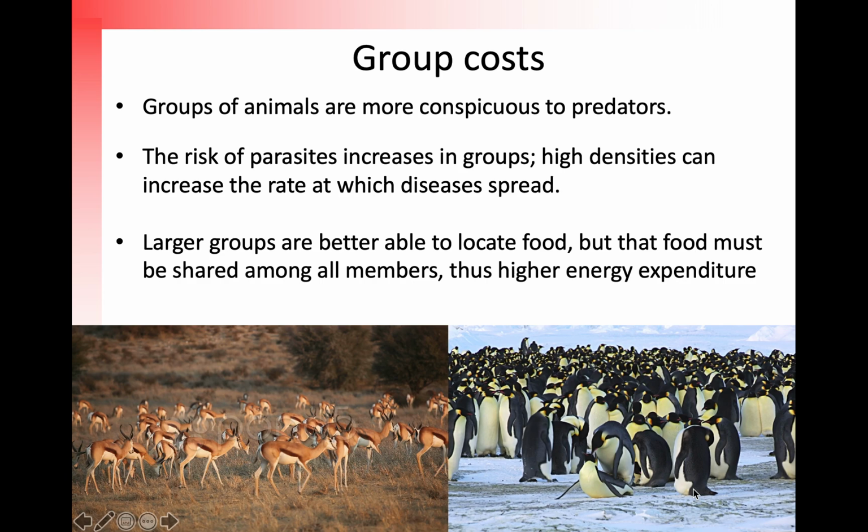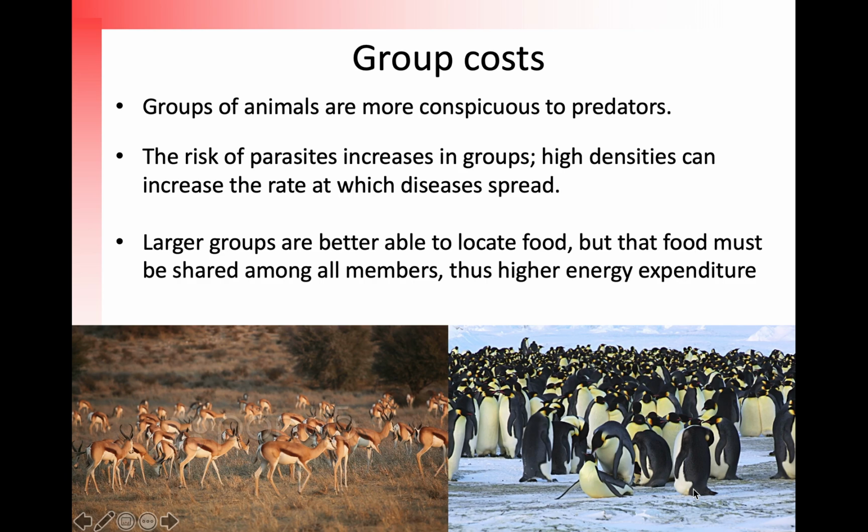So there's not only benefits to group living, there are a number of costs to living in groups as well. Large groups are more likely to be located by predators, just generally because they're more conspicuous. A large group is easier to find than an individual that can hide easier.